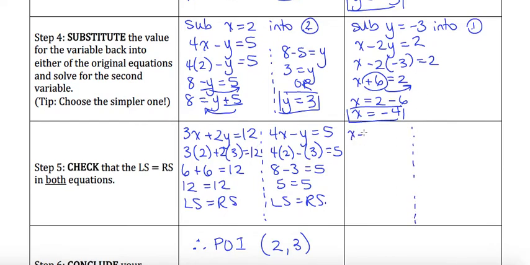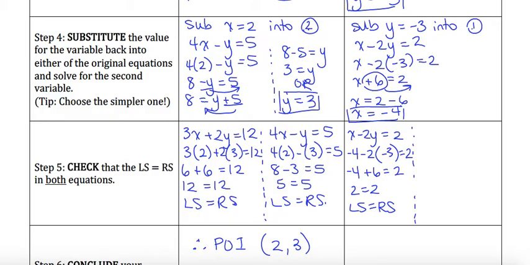Equation 1 is x minus 2y is equal to 2. x is negative 4 minus 2 times negative 3 equals 2. Negative 4, negative 2 times negative 3 is positive 6. That equals 2. Negative 4 plus 6 is 2, equals 2. Left side equals right side.